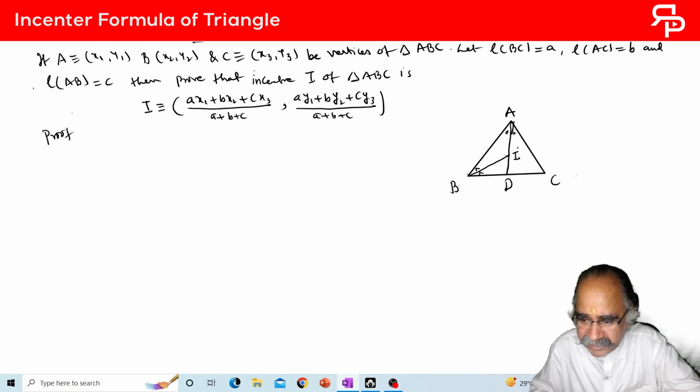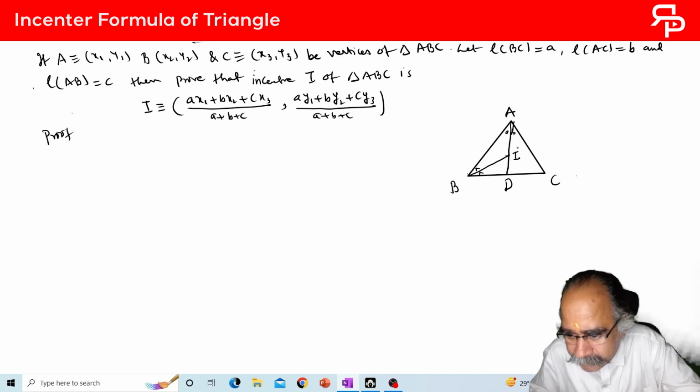In this case, what are the requirements to find the coordinates of I?